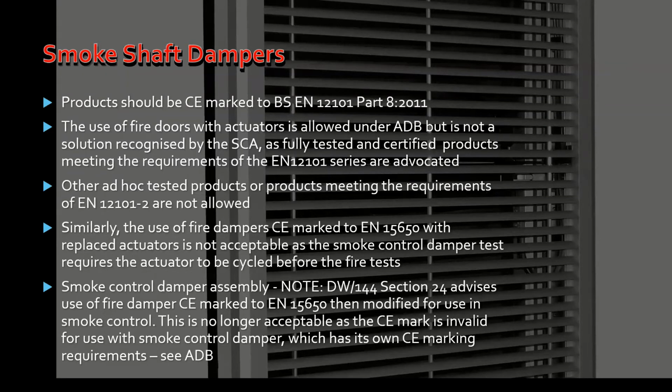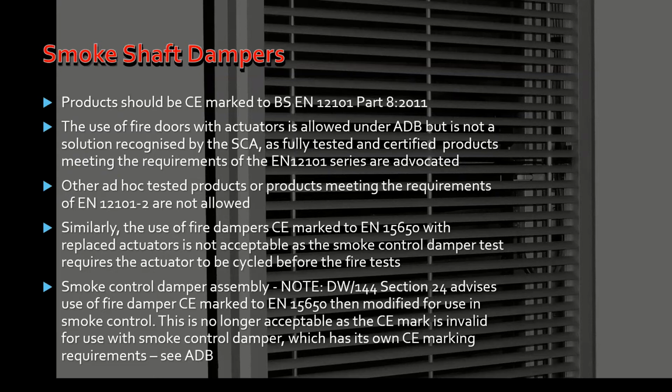Smoke shaft dampers have long been, and still are, a major grey area in the smoke control industry, as it is technically possible to comply with Approval Document B using a fire door with an actuator fitted to it on site.